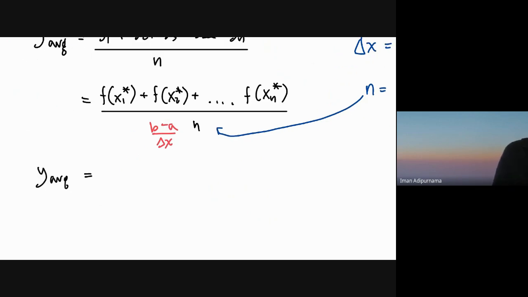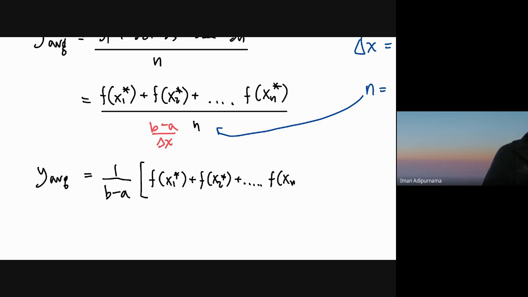So y average, we can write as 1 over b minus a, and then we write down the f, and then multiply with the delta x.